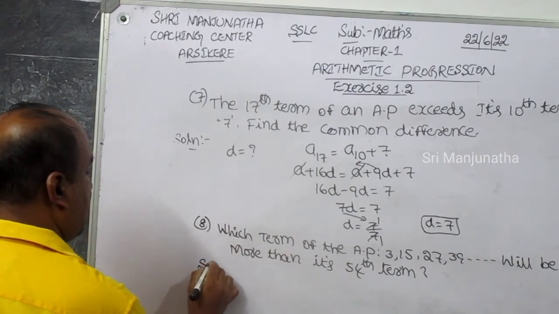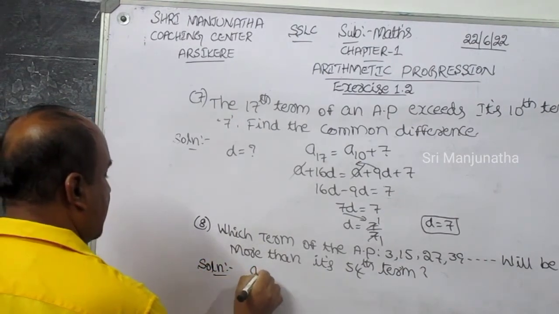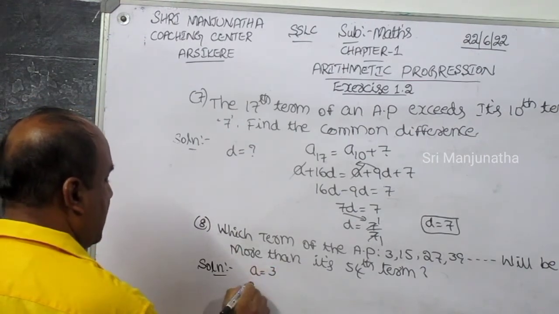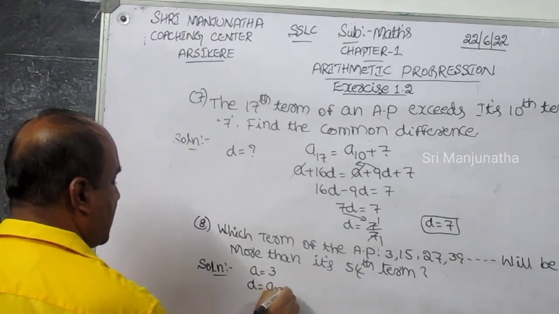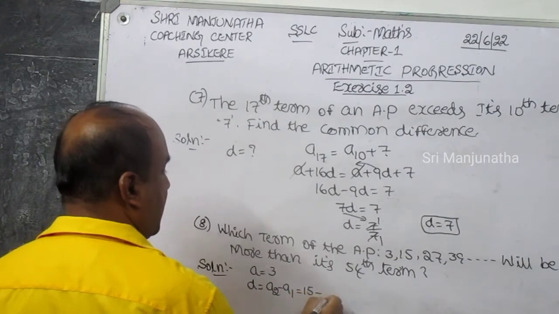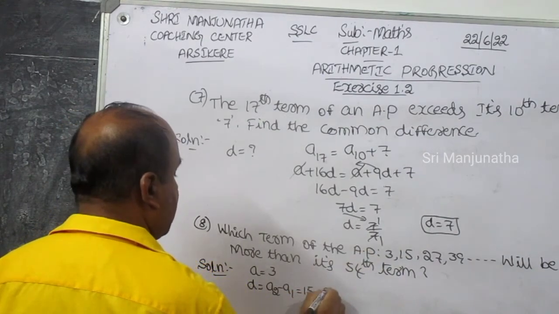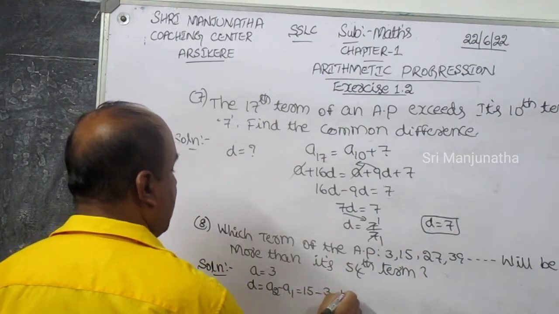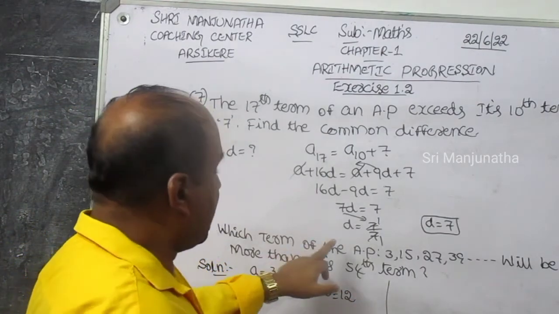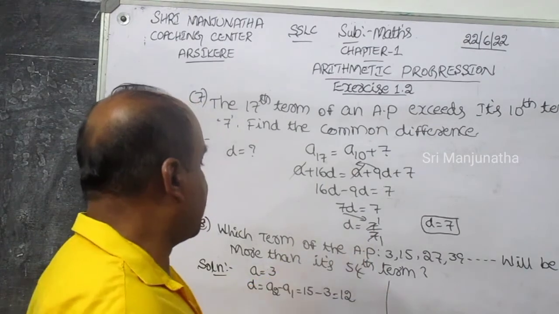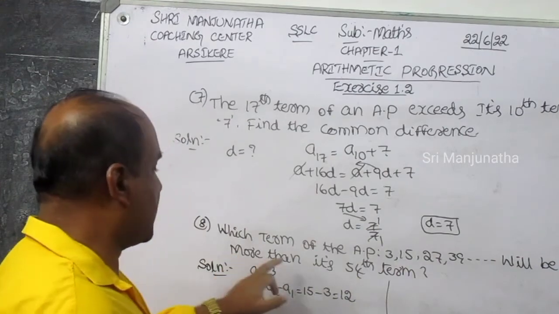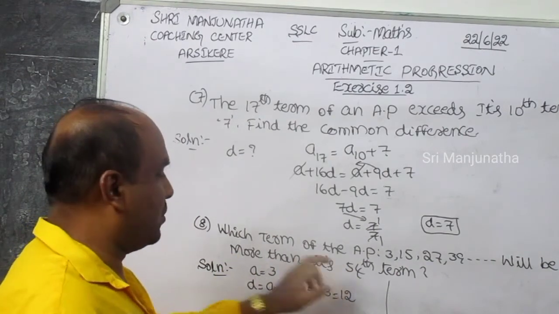Solution for this problem. A equals how much? 3. D value is how much? D equals A2 minus A1. A2 is how much here? 15 minus A1 value 3 is equal to 12. D value is 12. So, which term of the AP will be 132 more than its 54th term?